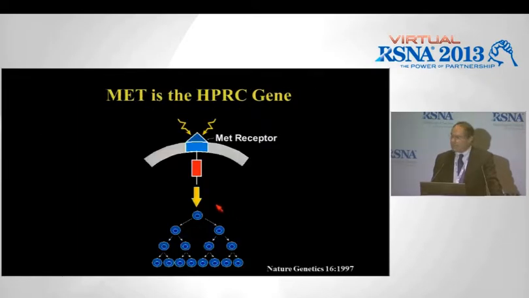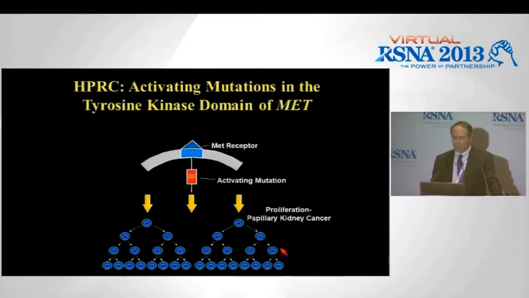So we understand the gene behind hereditary papillary type 1 disease, and it's the MET gene, which is the MET receptor, a receptor tyrosine kinase that results in proliferation of cells, morphology changes, as well as motility changes.